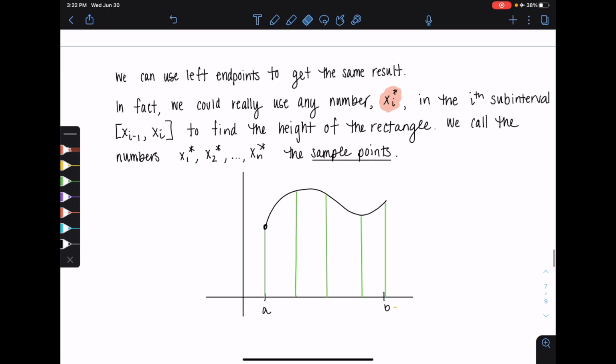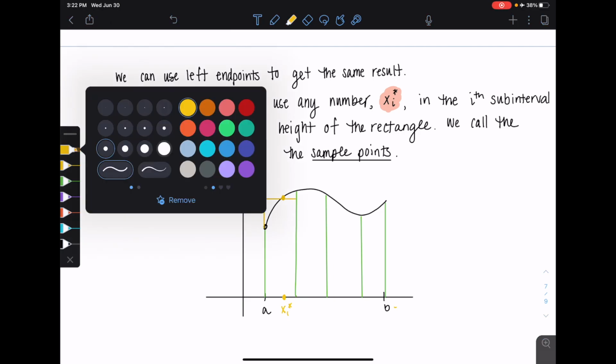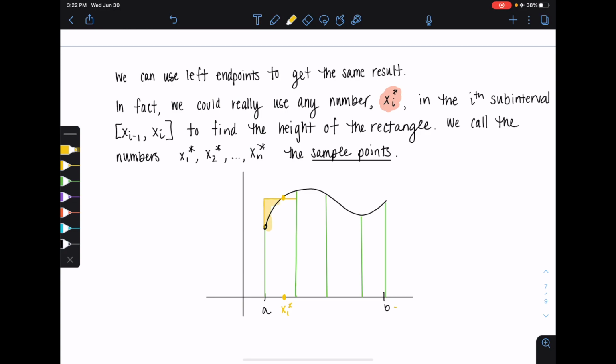So if I want to approximate this function with 4 subintervals, I can pick any point I want on each of these subintervals to find my height. Like I could pick this as my x1 star, and I would use this y value to give me the height of my rectangle. My width would still be that same delta x, which is the same for each strip.